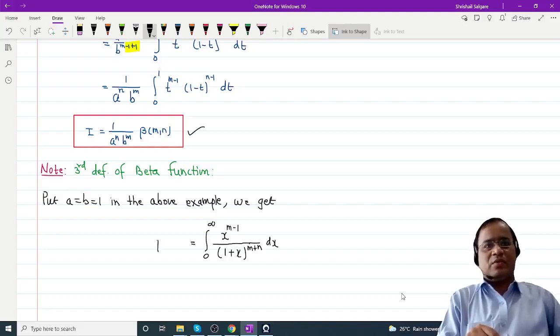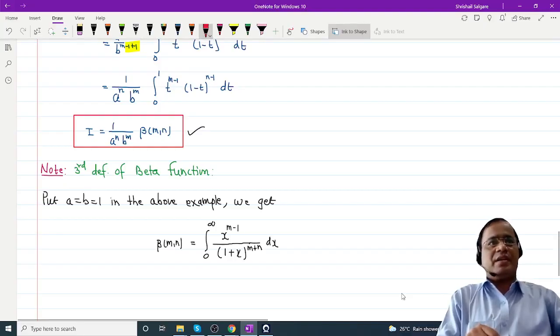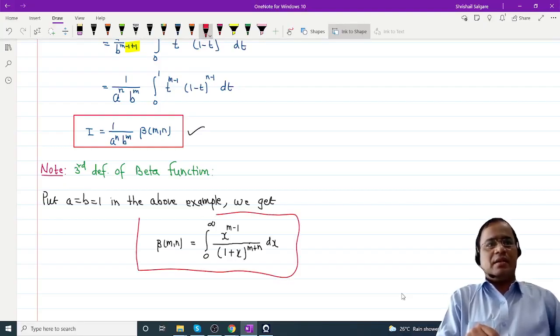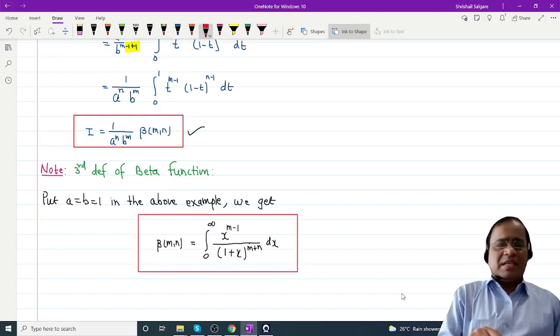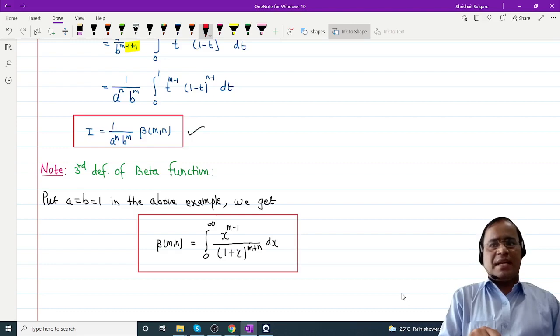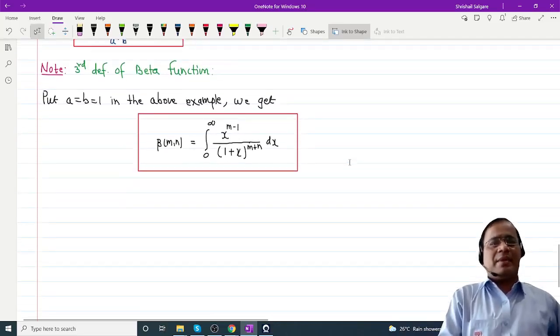That is nothing but simply beta of m, n. And this we consider as the third definition of beta function. So I will advise, if there are separate numericals and maximum marks are given, in that case try to prove by using the substitution. Okay, don't use standard results directly. If you are using that, also okay, but depending on the length and marks, you have to decide.